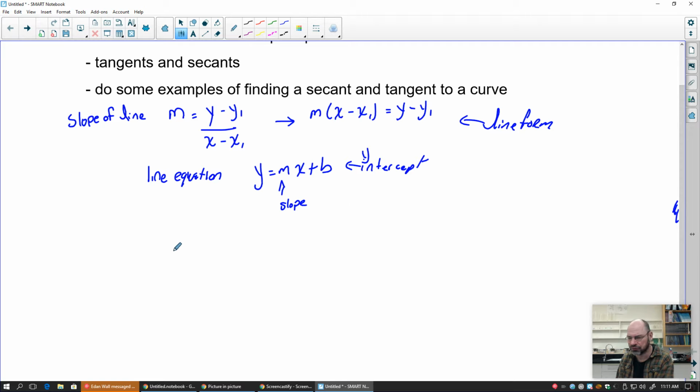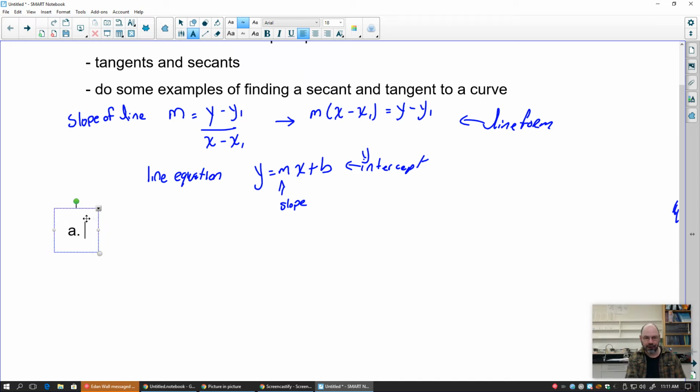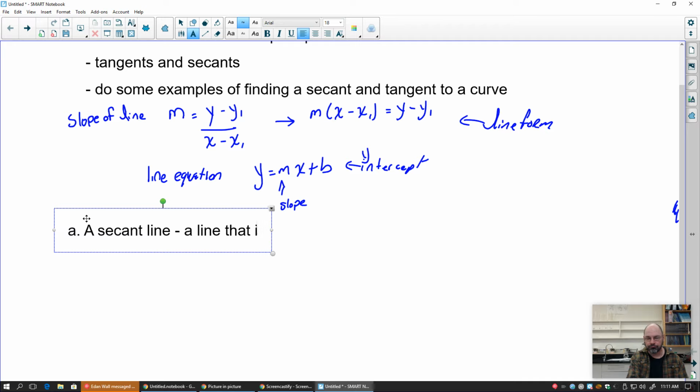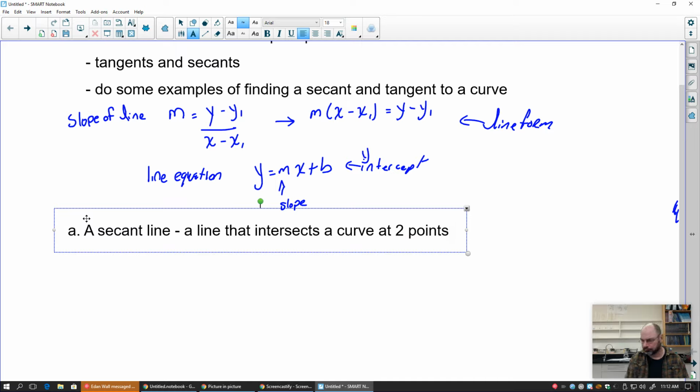So let's move on to what a secant is. A secant line is a line that intersects a curve at two points. If we're looking at that, we're going to draw a little graph here.